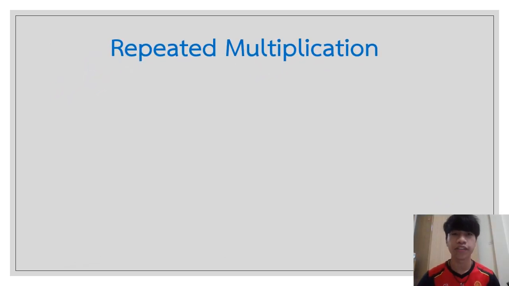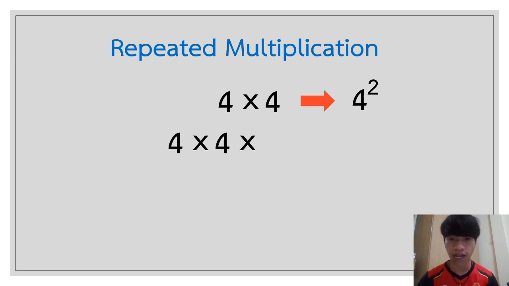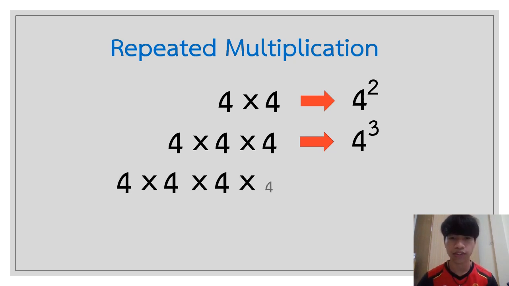For example, the repeated multiplication of 4 times 4 can be written as 4 multiplied twice. And 4 times 4 times 4 can be written as 4 multiplied 3 times. And 4 times 4 times 4 times 4 can be written as 4 multiplied 4 times. Get the idea?